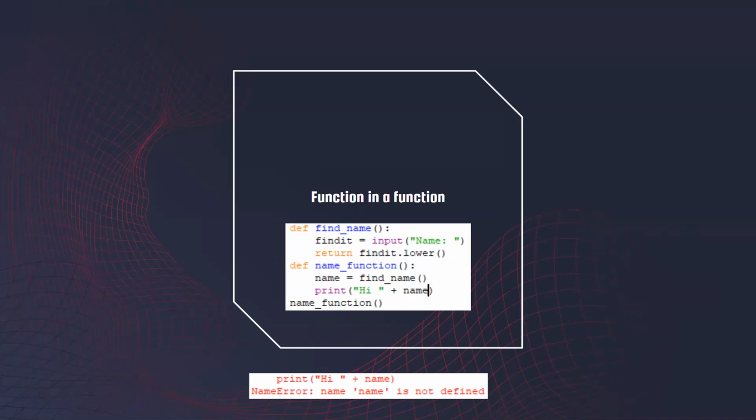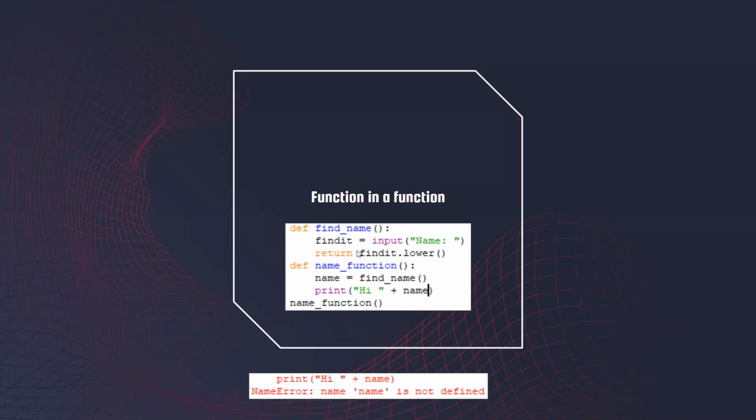Now let's move to a function in a function. So what we did here is I defined a function called find name. And technically, since we're not doing too much, I decided to add another step and I made the input all lowercase.